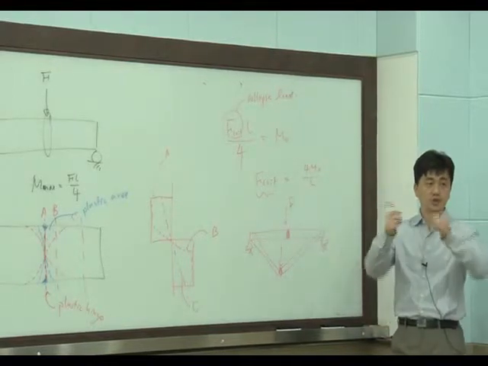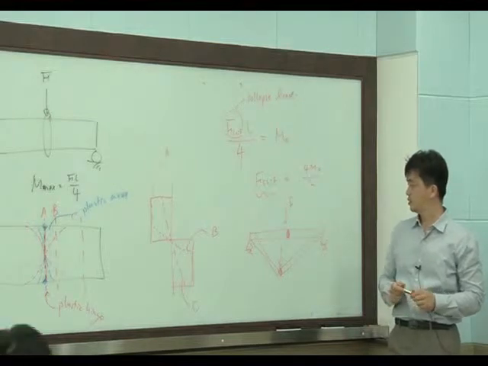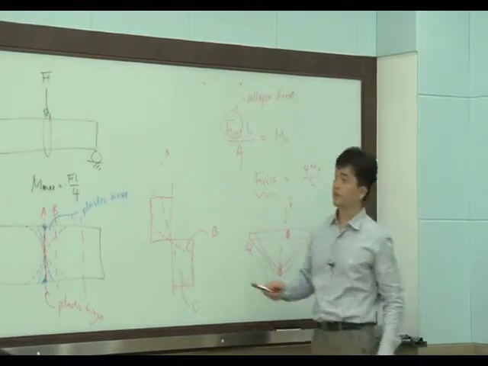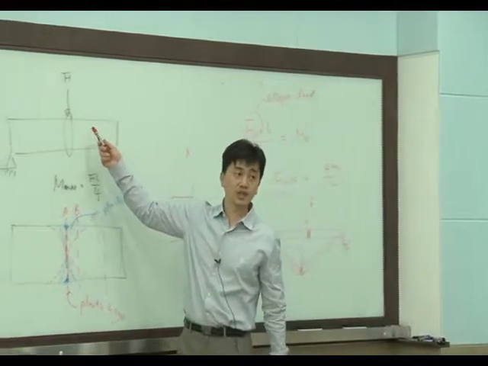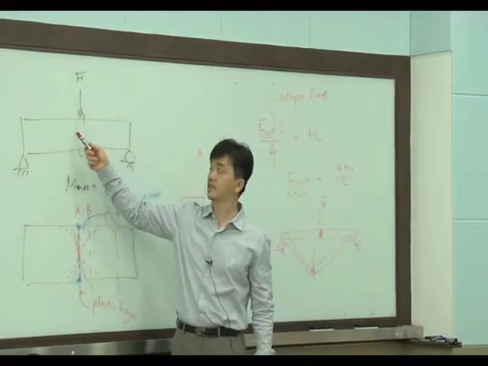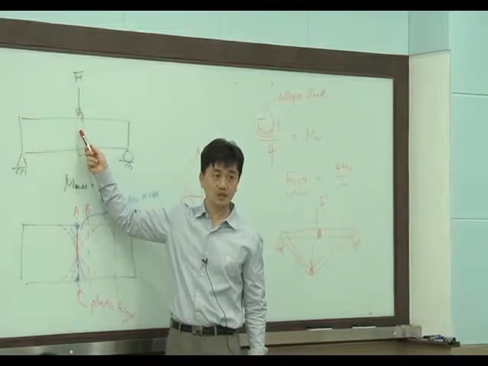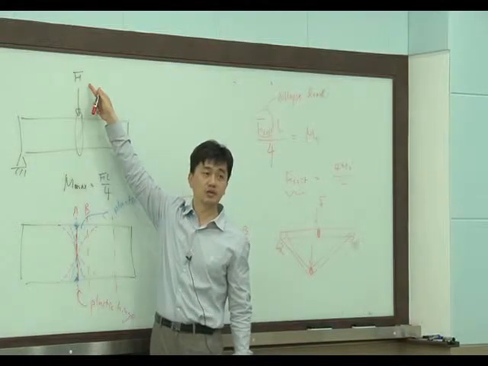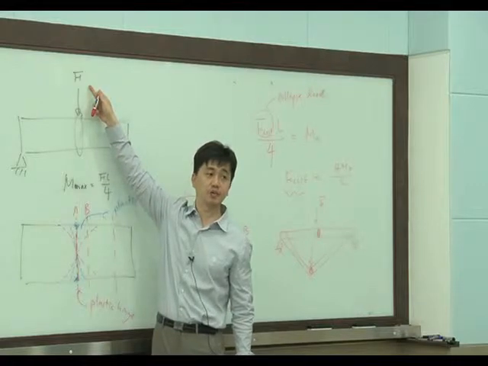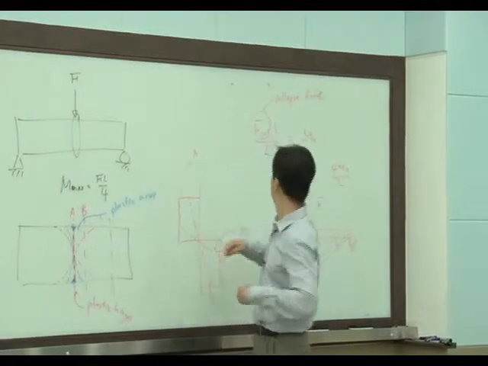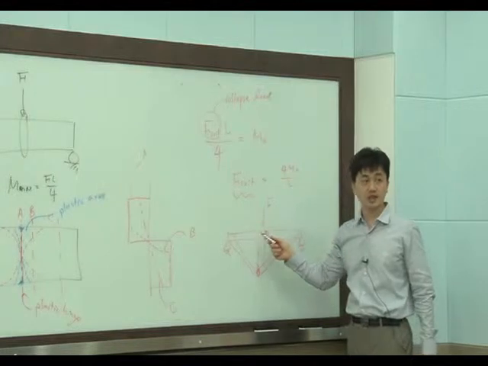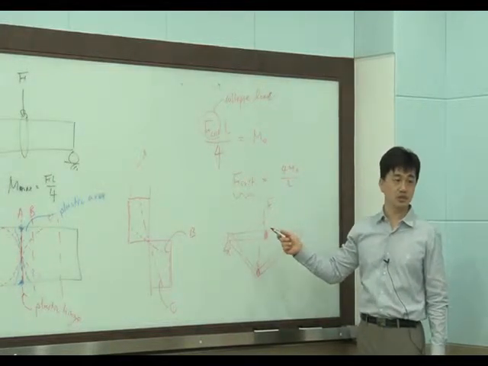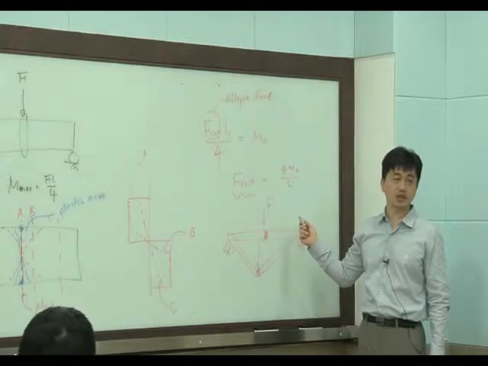The beam is folded. We say this is collapse. So originally this one doesn't have a hinge at the center, right? So this one can support external force F without rigid body mode. And when we have a hinge at the center, it's not a stable structure. We cannot analyze it, right?